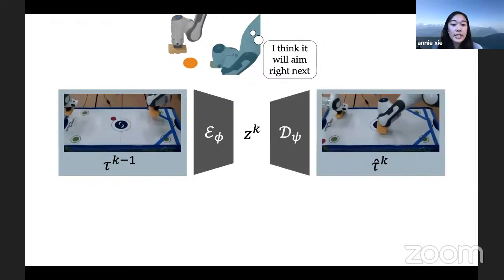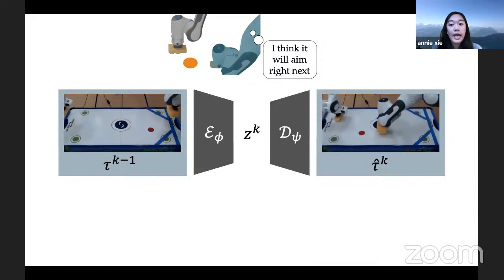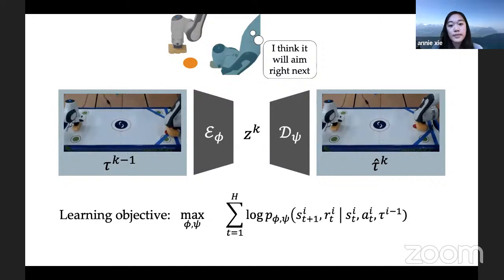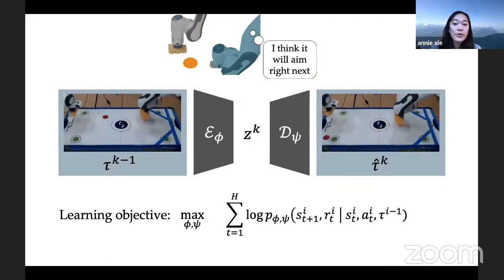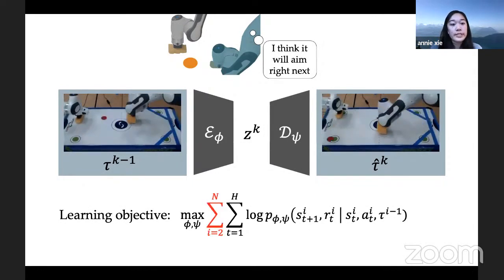Then from this representation, the decoder reconstructs the rewards and transitions of the next interaction. The whole point of this latent representation, Z, is to capture what the other agent will do next. We train this encoder-decoder model to maximize the log likelihood of the rewards and the transitions that we're seeing across all of the interactions.